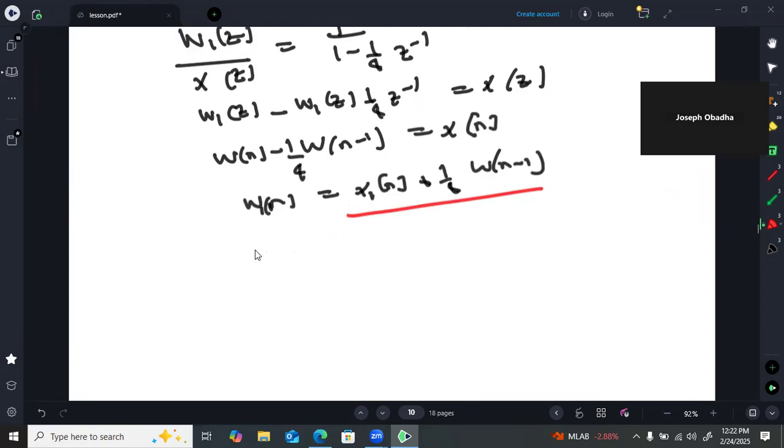We have w[n] as the output, but for you to have w[n] as the output, you need the delayed version of w[n] by 1 unit, z^-1, plus the x[n].